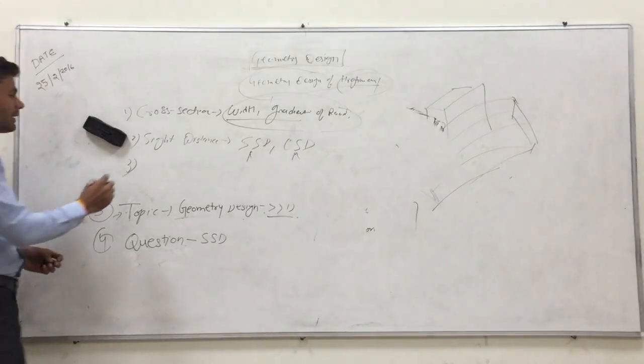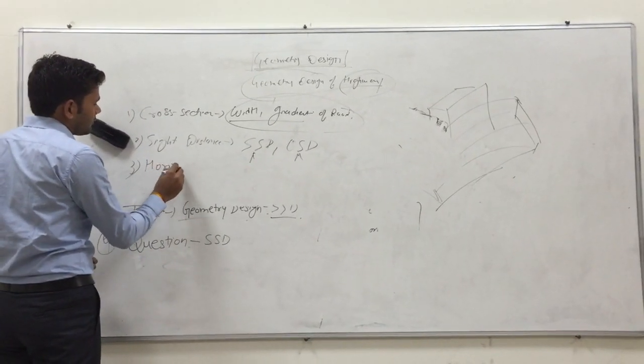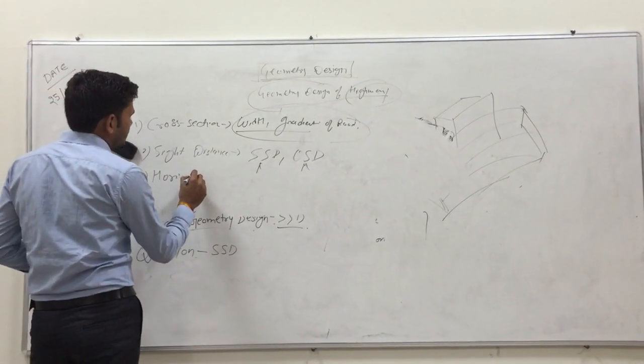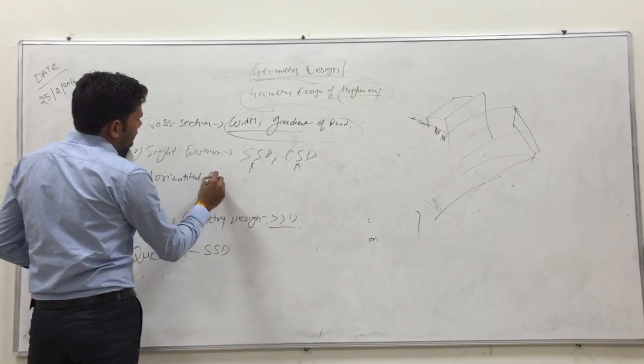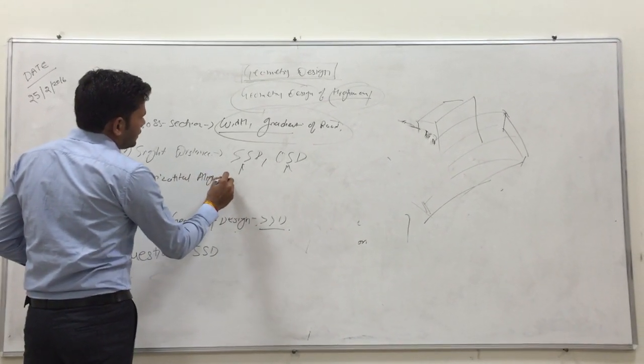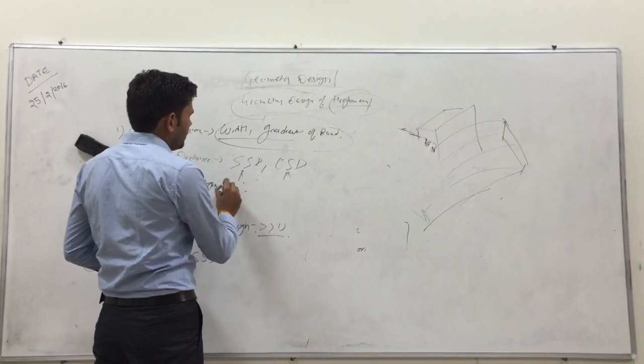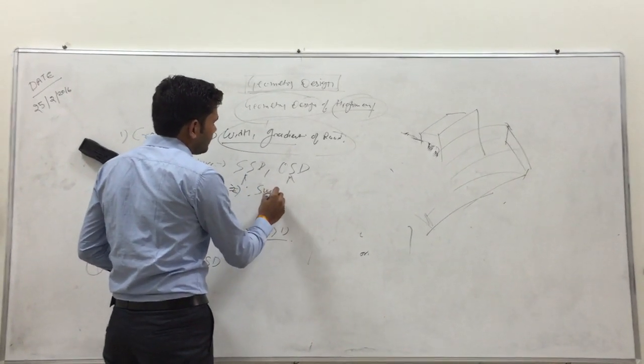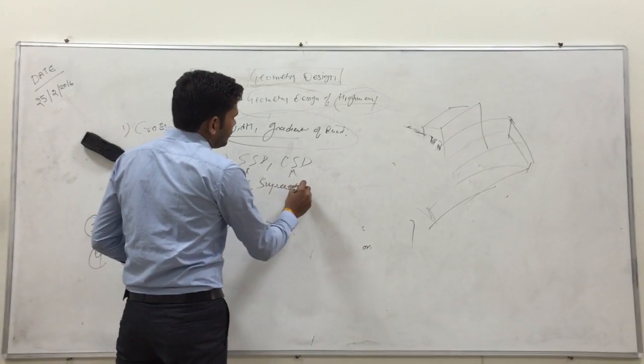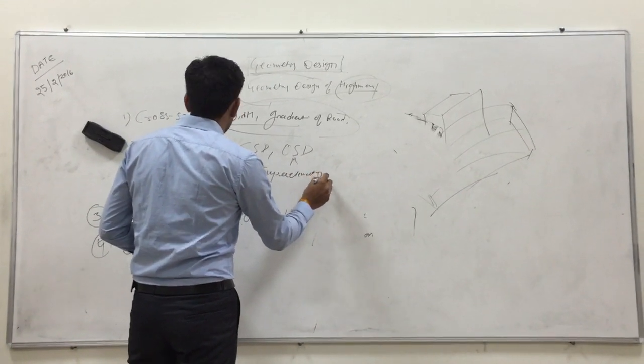Third is the horizontal alignment, in which we design the horizontal curve and provide super elevation.